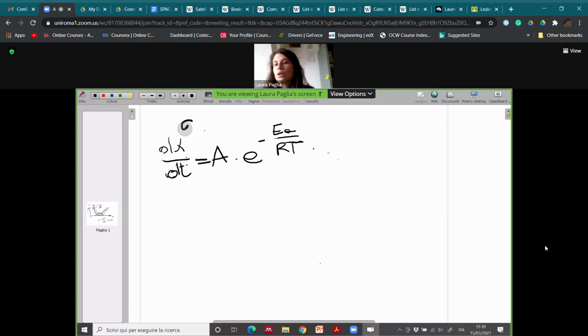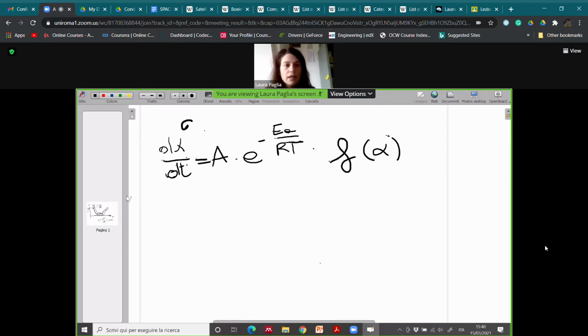Previously, we saw that we used to write the function f as (1 minus alpha) to the power n. But in this case, Friedman is a model-free method. This means that it doesn't matter what kind of function f we use; with this method we can evaluate the activation energy even if the function f is not defined. And so for this reason here I will write this one and no more.